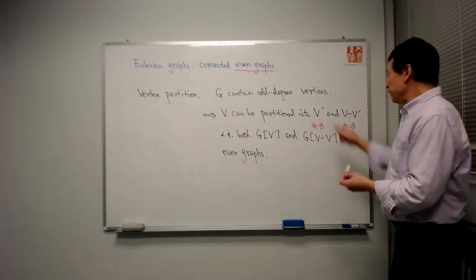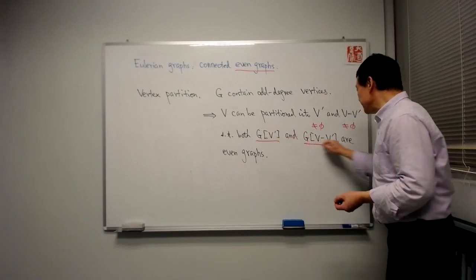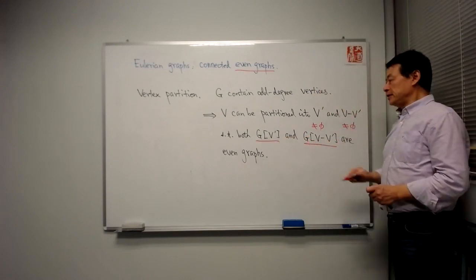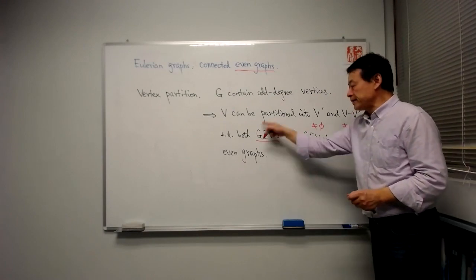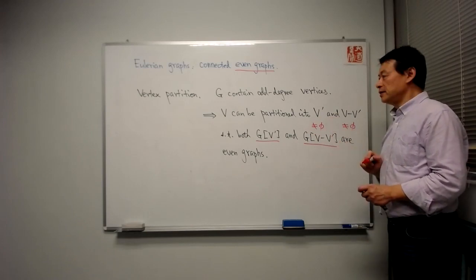Then both sets, V prime and V minus V prime, induce a subgraph that is an even graph. So inside this graph, every vertex has even degree, and inside this graph, every vertex has even degree. Okay.